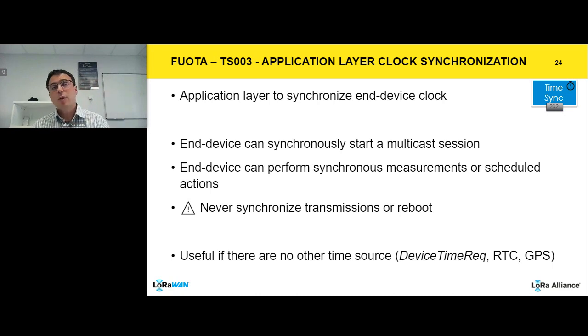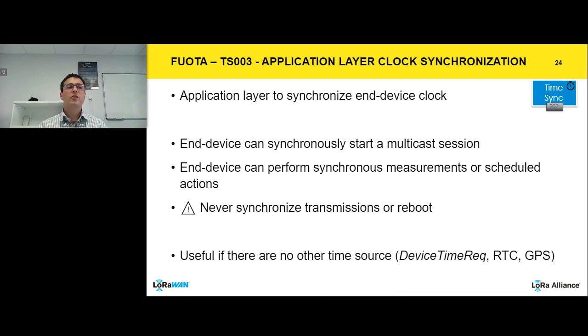That's one of the benefits of building each part as a standalone specification: for instance, time synchronization could be used to perform synchronous measurement or scheduled actions, like switching on a light or opening a gate at a given time. So it could be used for all the other purposes, even though it was designed for the firmware update over the air main goal.